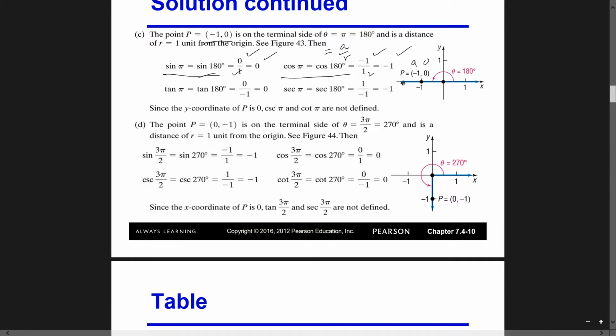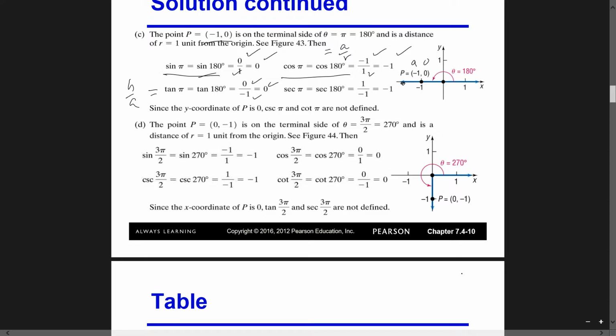So the cosine of pi is minus 1. Tangent of 180 degrees, tangent of pi, of course, is equal to b over a, which is 0 over minus 1 equals 0.